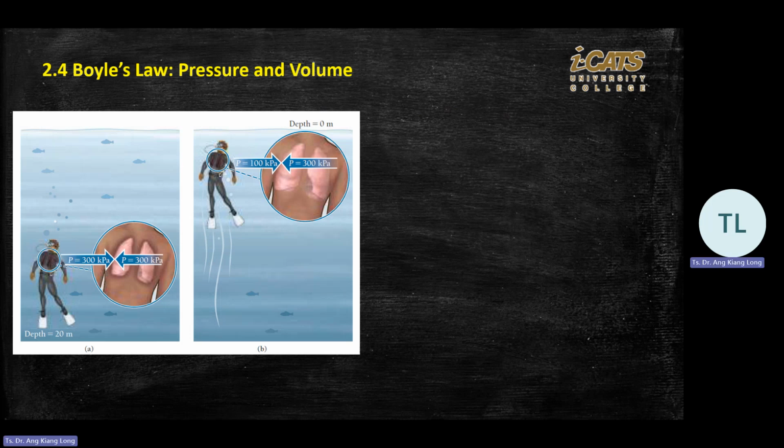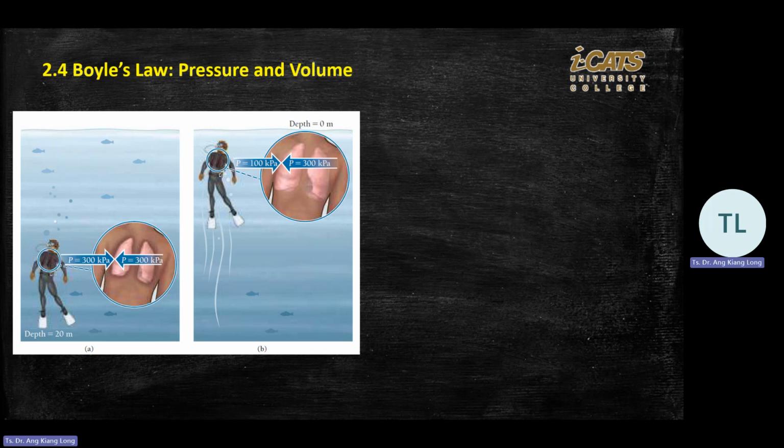So if you go too fast, your lung is actually like a water tank, right? It will hold the pressure at 300 kilopascal. If you go too fast, the pressure outside your body, if let's say you go to the surface, is about 100 kilopascal. What happens?